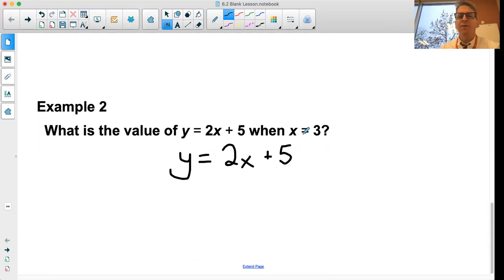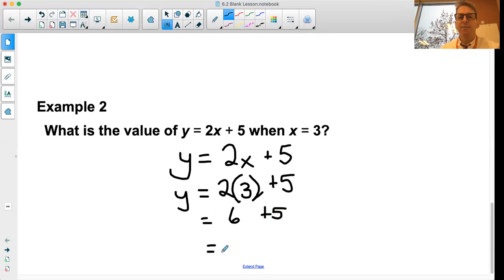We had this kind of similarly at the beginning of the year, but as functions go, the input of x equal 3, we're going to substitute in for x the 3. Now we're going to simplify. 2 times 3 is 6, plus 5, y equals 11. And that would be example 2.